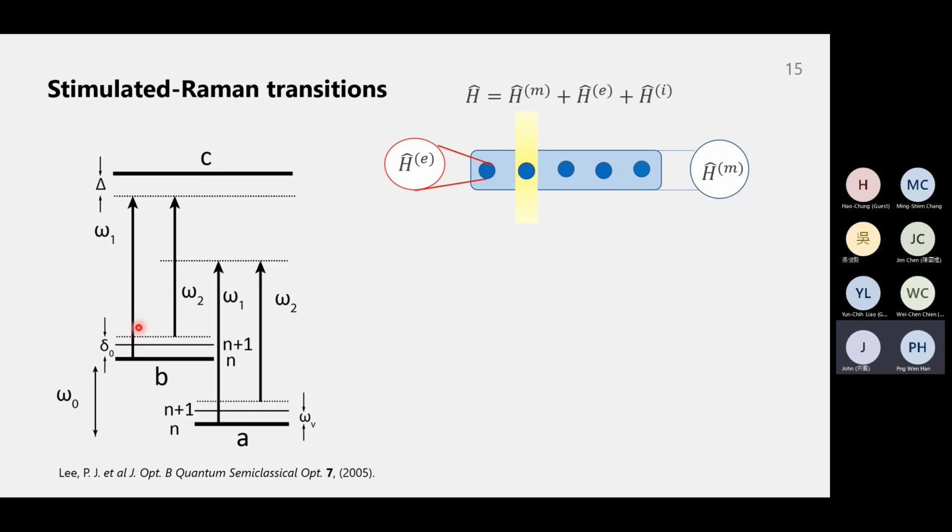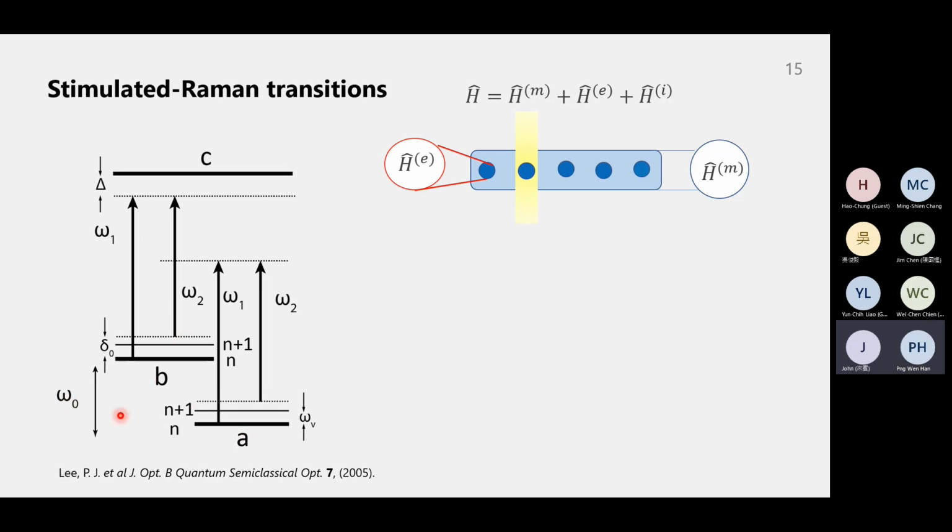Here is the figure for stimulated Raman transitions. It may look intimidating at first, but let me decompose this. C is the intermediate state, B is the excited state, A is the ground state. So A and B are our qubit levels, and the frequency splitting is given by omega naught.